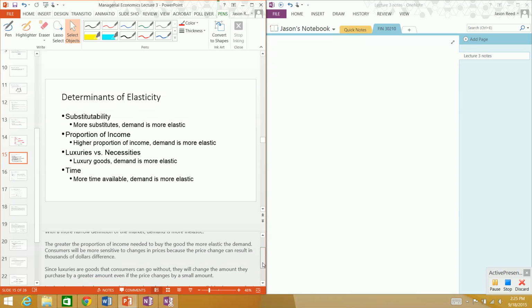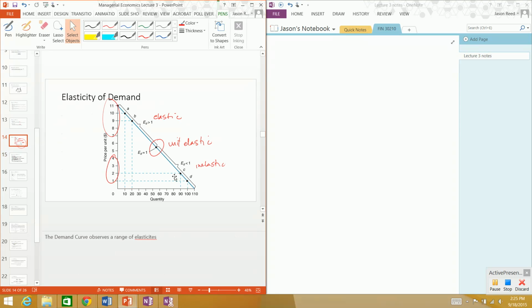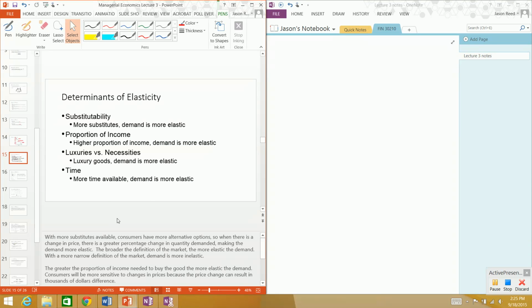The proportion of income tells us that as the proportion of income needed to buy a good increases, demand becomes much more elastic. Whereas when the proportion of income falls, demand tends to be much more inelastic. So when we think about that with the demand curve, and we have low prices down in this way, at low prices, these are a low proportion of incomes, and generally these goods tend to be more inelastic, and that makes sense to us.